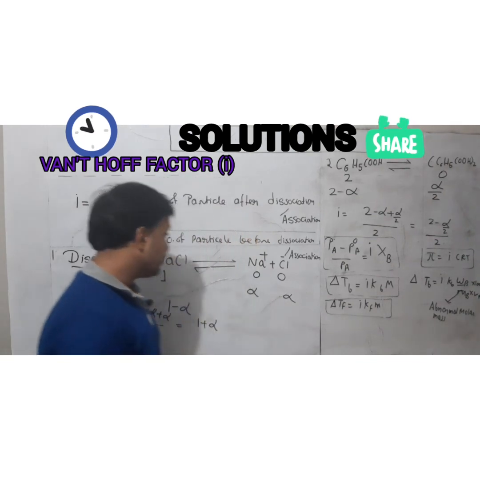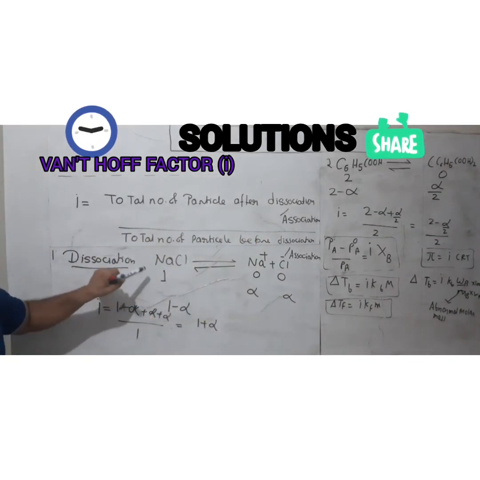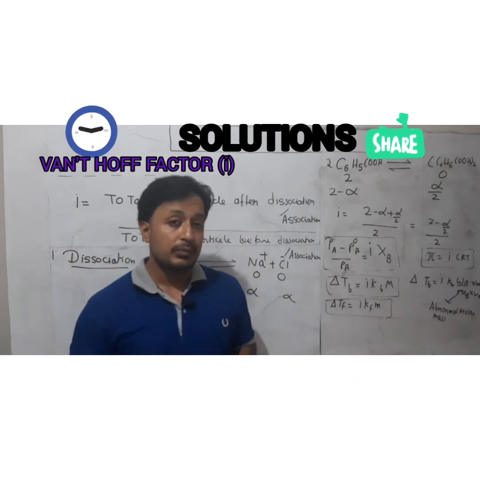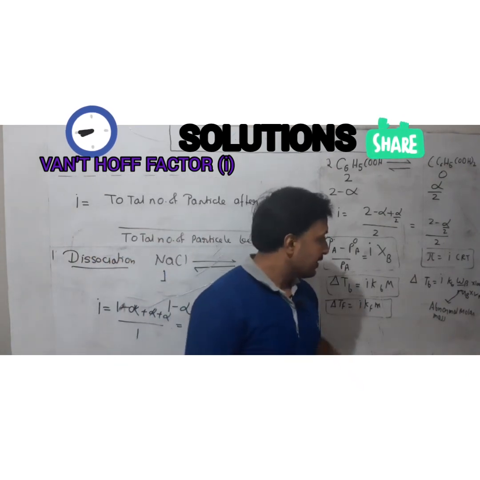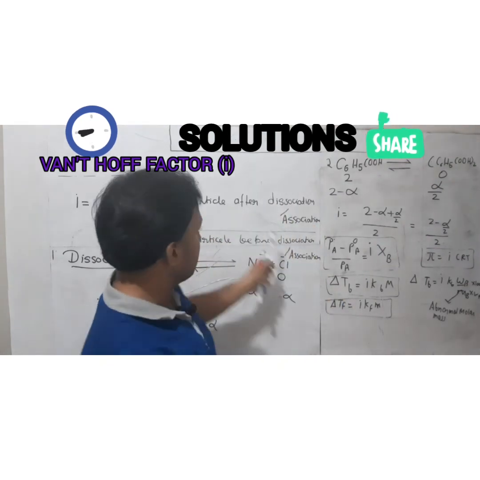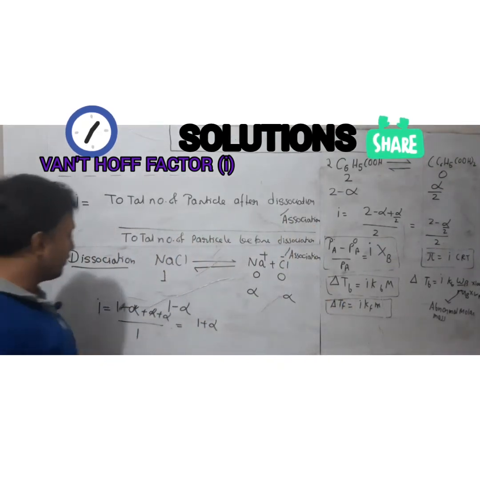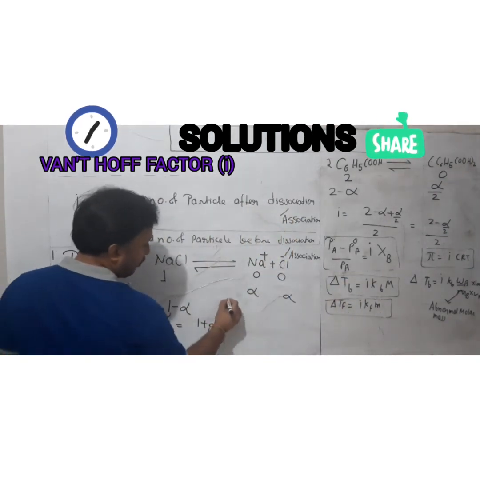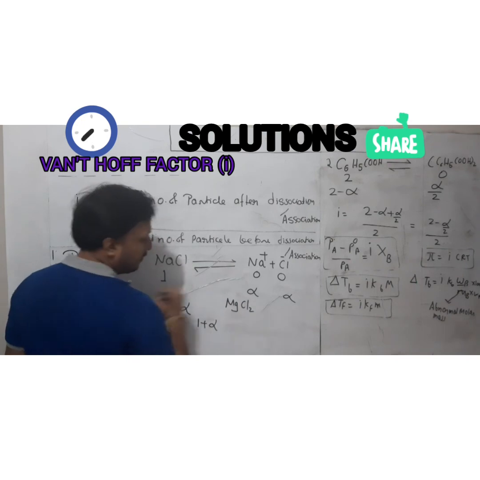Or you can imagine also by seeing that it is an electrolyte. If electrolyte is there, then definitely the case of dissociation will be there. In that case, if you have to find the value of i first, use i equivalent to (1 plus alpha) upon 1, or whatever the equation. Suppose I am giving you the example of magnesium chloride.